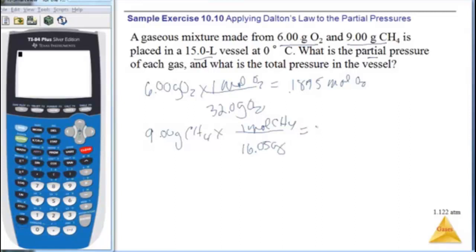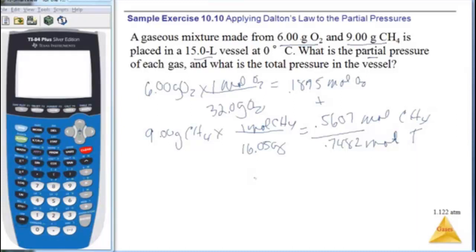And this is going to give me 0.5607 moles of methane. So if I add these together, moles plus moles, I get a total of 0.7482 moles total.